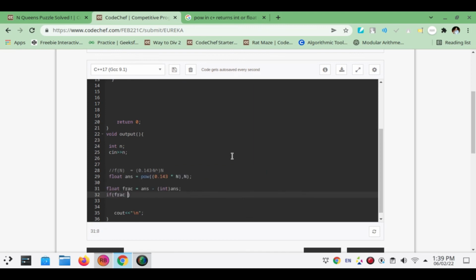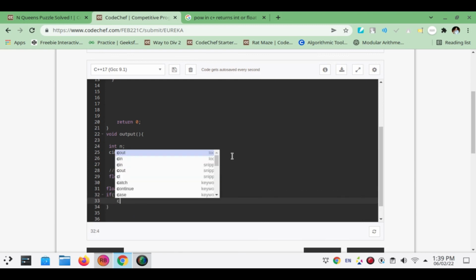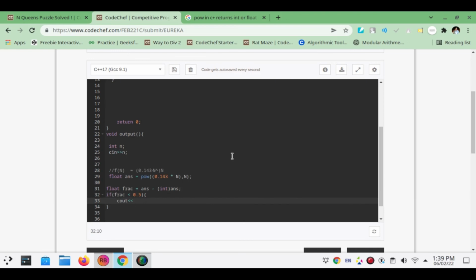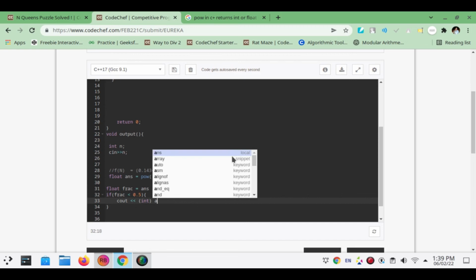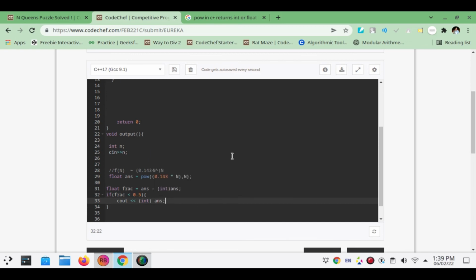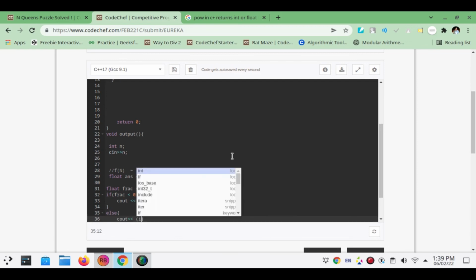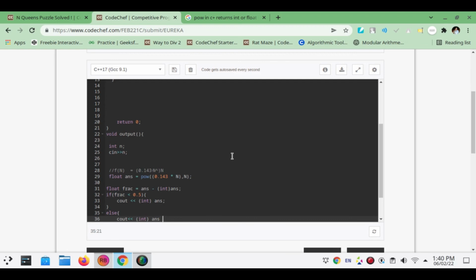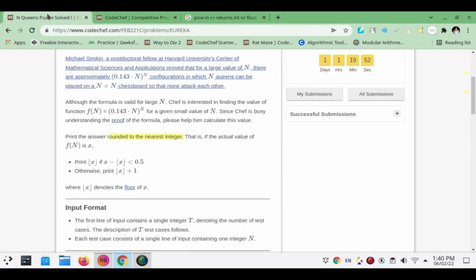If the fractional part is less than 0.5, it will print out integer of answer, else it will print out integer of answer plus 1. I hope it will satisfy all the conditions.